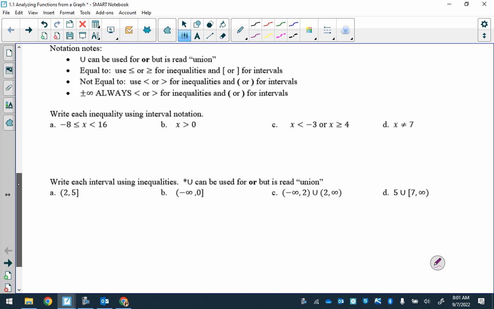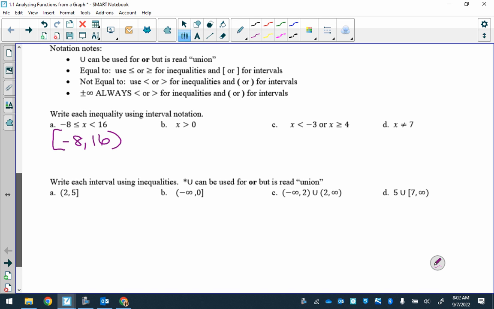So, here we have a compound inequality. Negative 8 is less than or equal to x, which is less than 16. How would I write that in interval notation? Juliet? Good. So I would have a bracket on this side. Excellent. In parentheses.